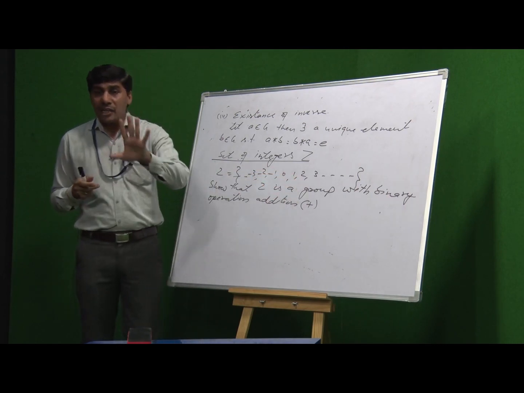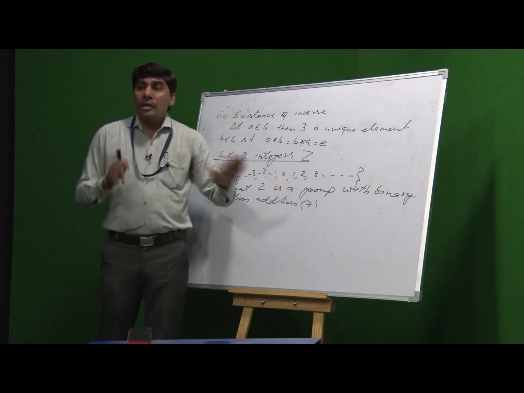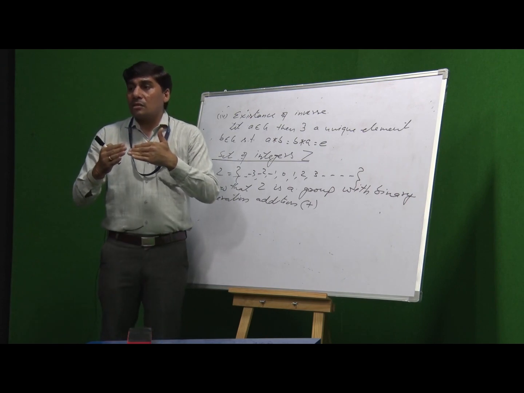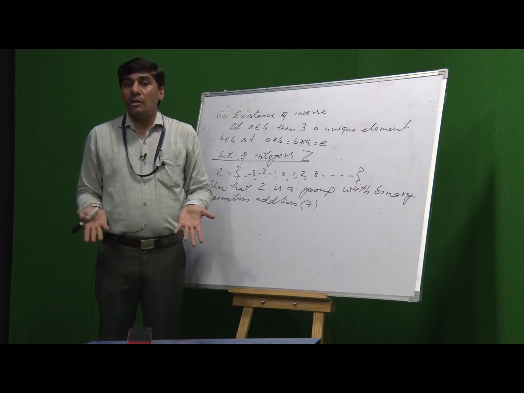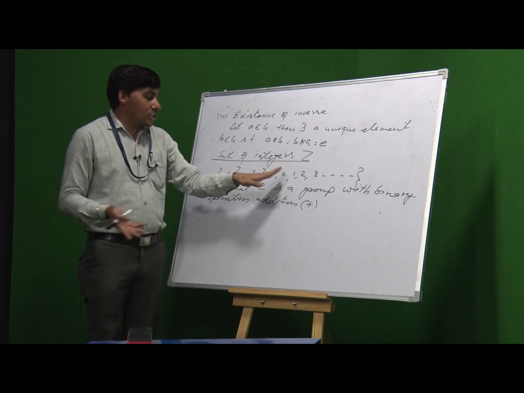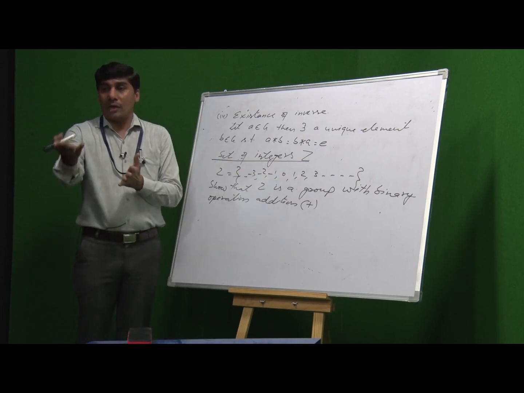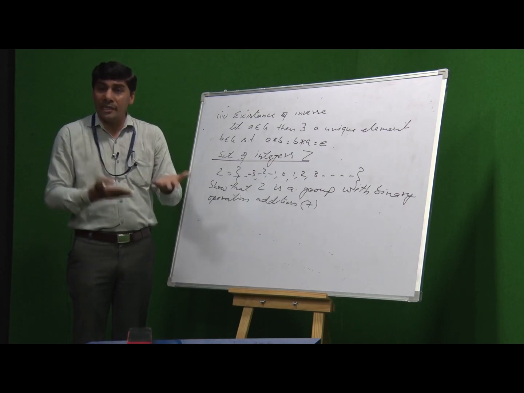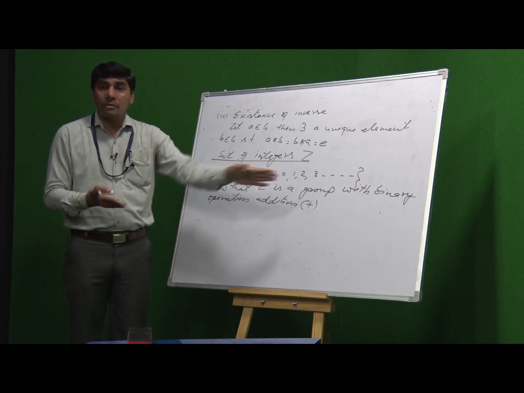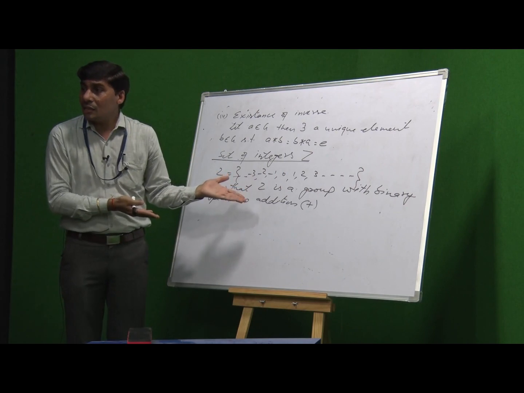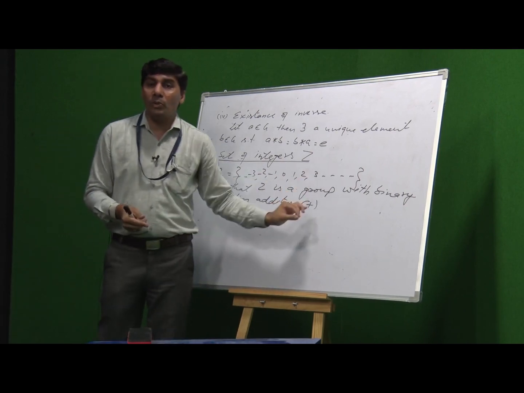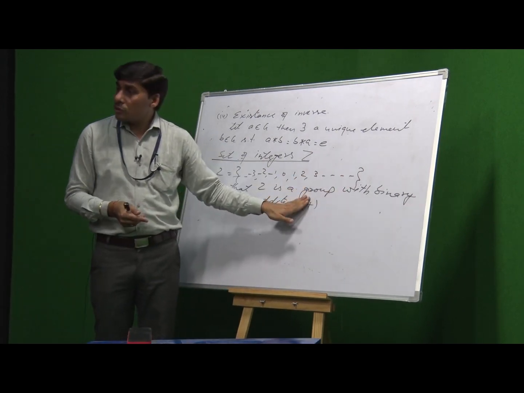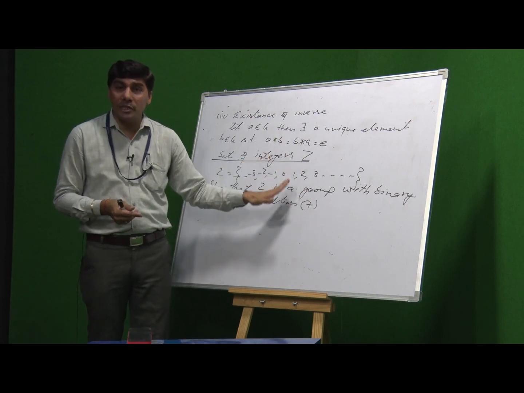If we take two integers and add them, the result is also an integer. For example, 0 plus 1 is 1, an integer. 2 plus 3 is equal to 5, an integer. Minus 2 plus 1 is minus 1, again an integer. So plus is a binary operation on Z, the set of integers.